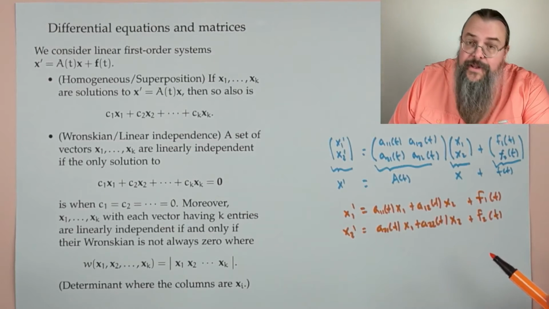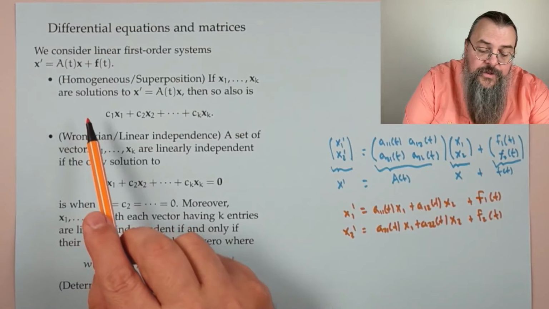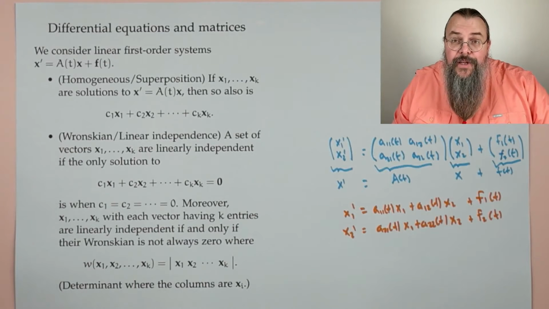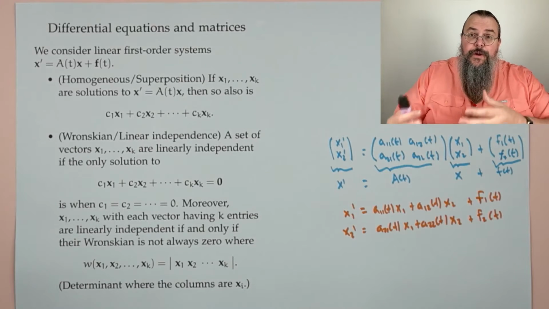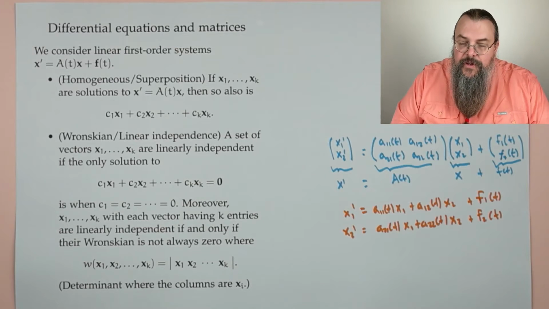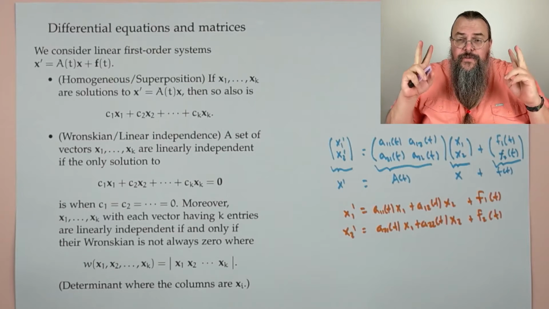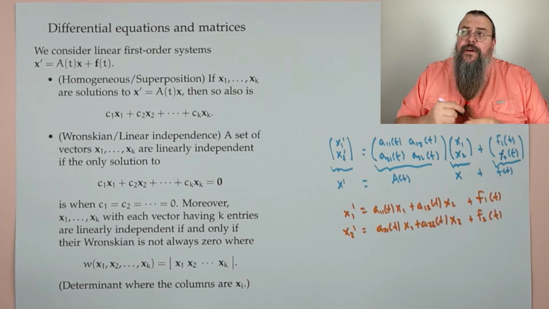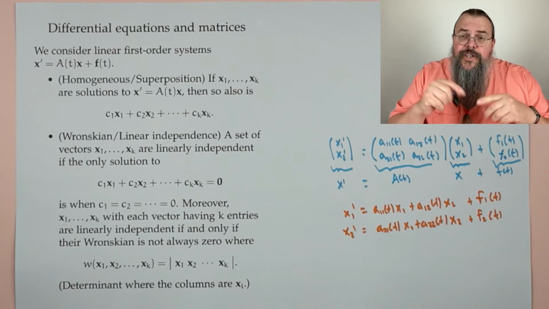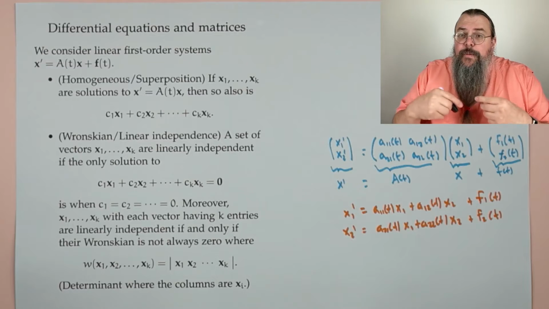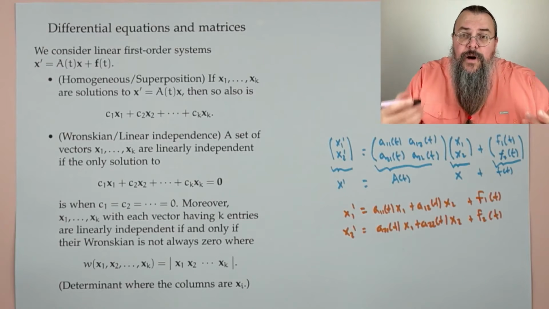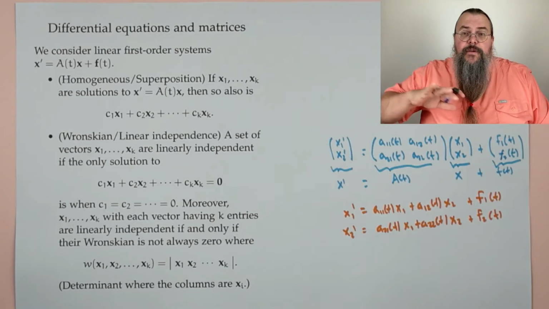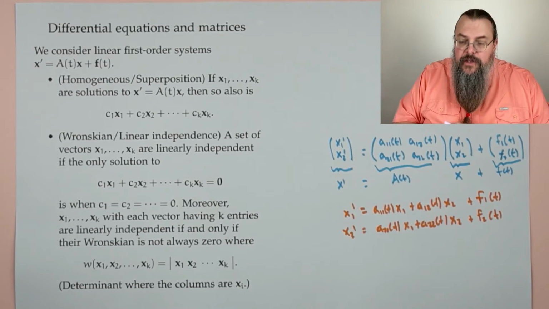All right, well, let's start with some key ideas. Homogeneous and superposition. First off, what does homogeneous mean? Normally, if we think back to our differential equation setting, we said homogeneous meant there was nothing on the right-hand side, right? It was zero, non-zero. But another way you could think of it is that all our terms were attached to what we were trying to find. If we had a differential equation in terms of y, everything had a y attached to it, and there was equals 0, so that there was no equals 2t or e to the t or anything.